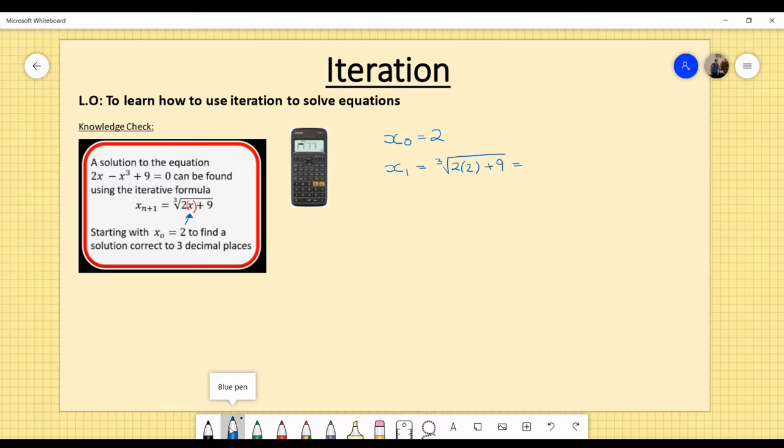Okay, so you've got the cube root of (2 bracket 2 close bracket plus 9), hit equals, and you end up with 2.35133 and so on. But we're actually asked to find the solution correct to 3 decimal places. So I need to then round this to 3 decimal places. So that 3 tells me that I don't need to round it up, so I'm going to leave it alone. So my solution at this point is 2.351.